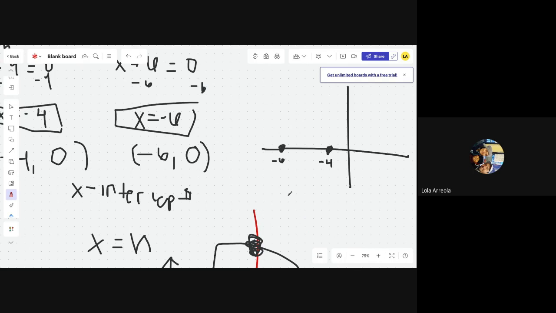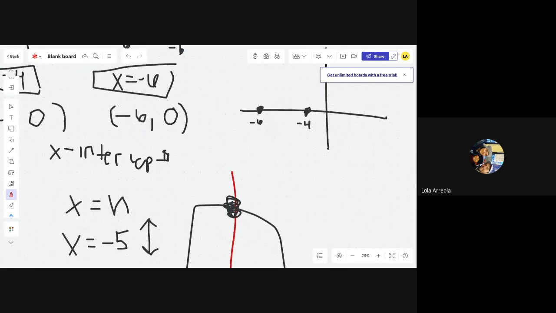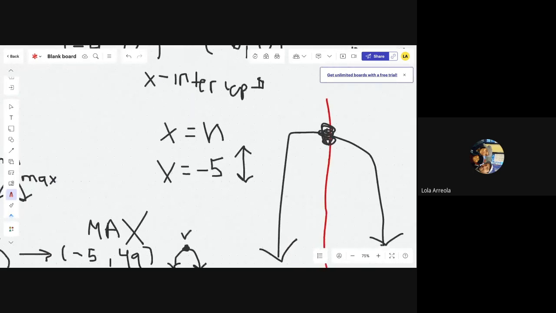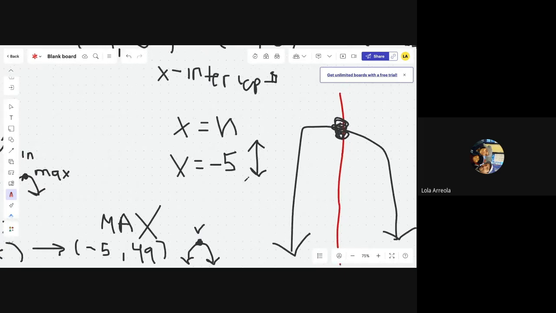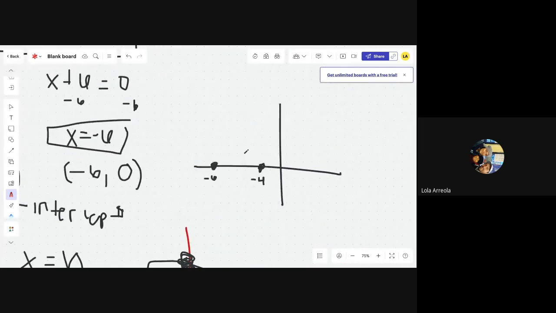And then what's my vertex again? Negative 5, 49. So negative 5 would be here, and let's say 49 is here. Again, this is a rough graph, but this would be my vertex.